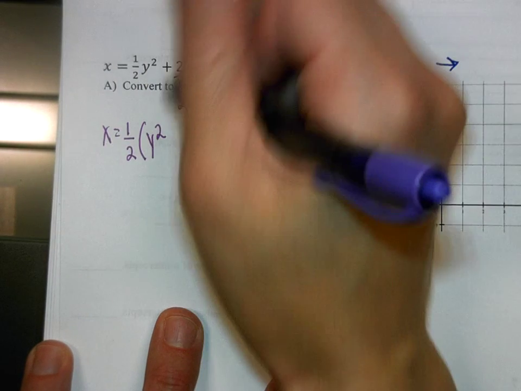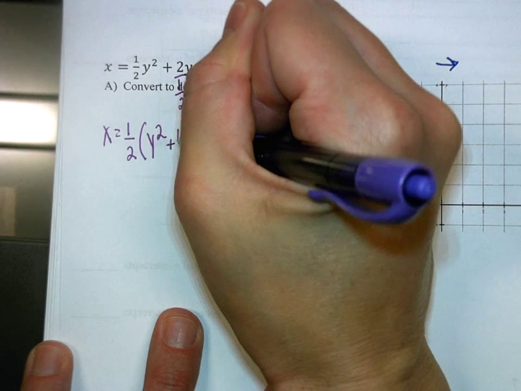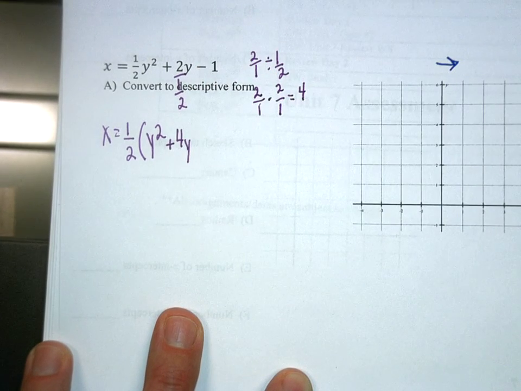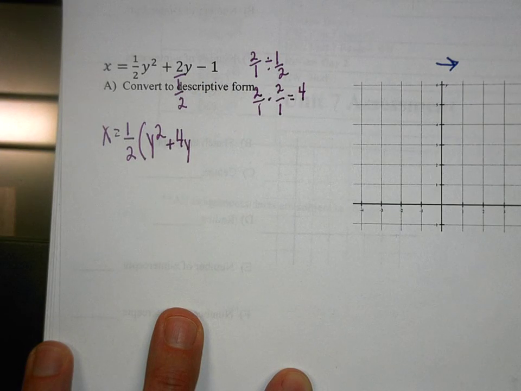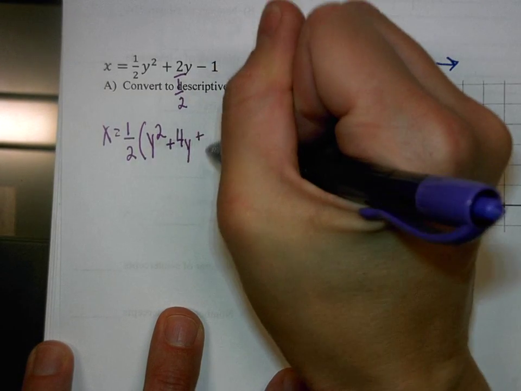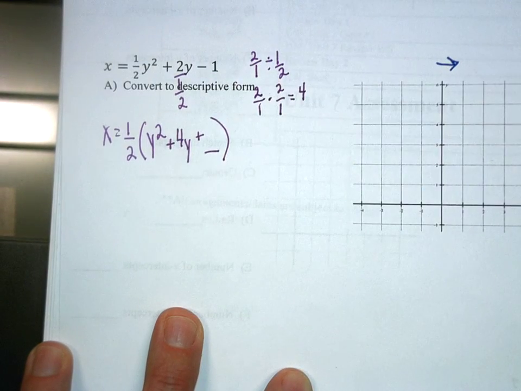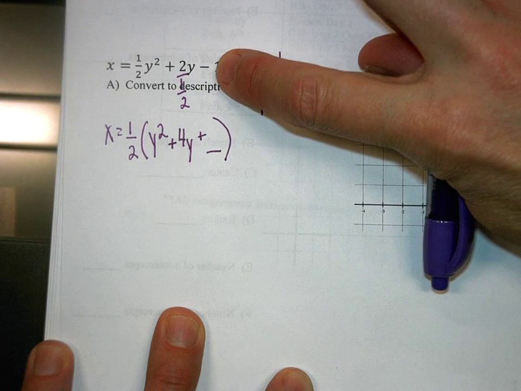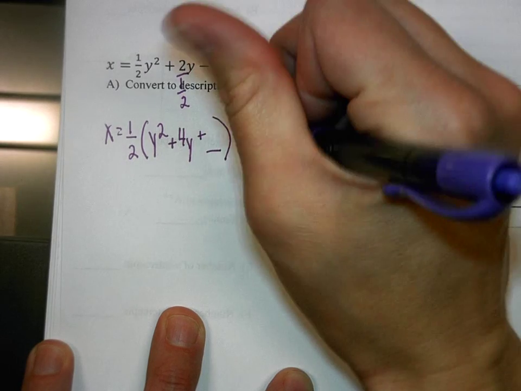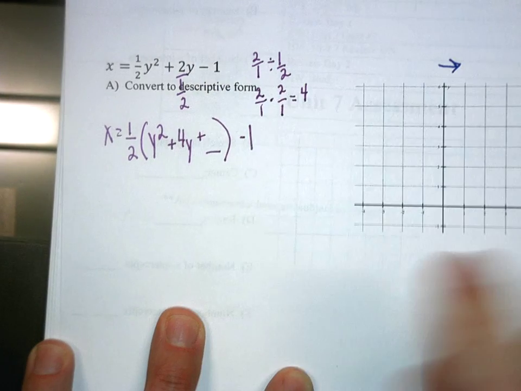Okay, so that means here I have plus 4y, and then what's next? Good, plus your blank. Close the parenthesis. On the outside of the parenthesis, we put this number that doesn't have a y with it. So that's going to be -1. And what's going to go here?